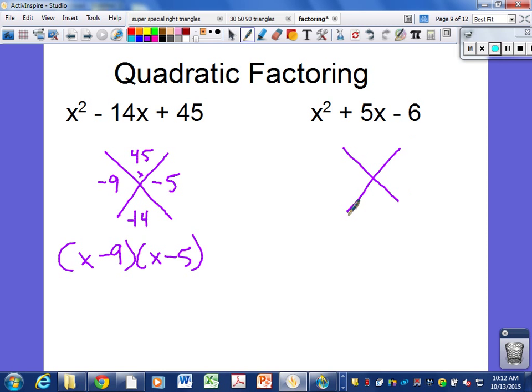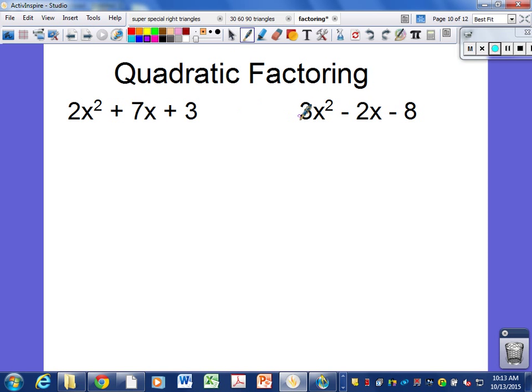Okay, so pretty easy with a standard quadratic. Fairly straightforward with a coefficient of 1.